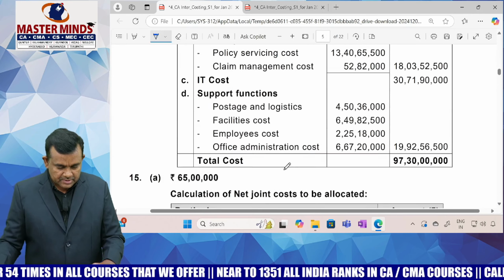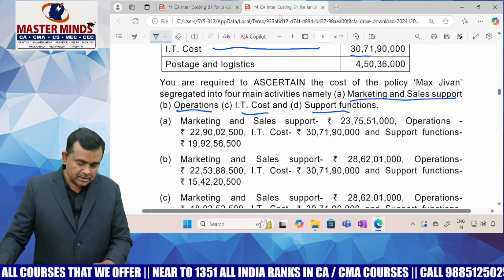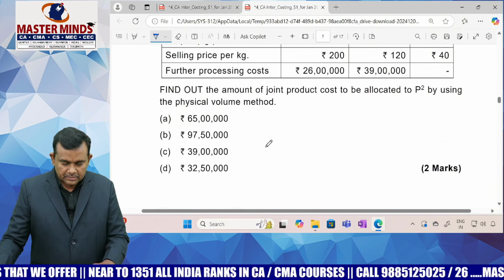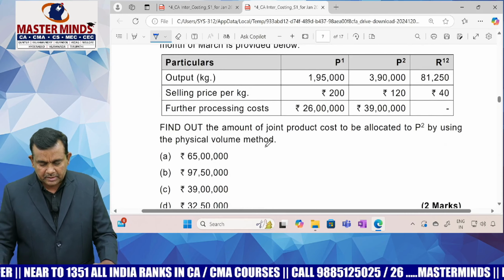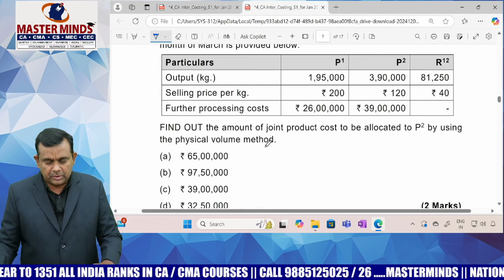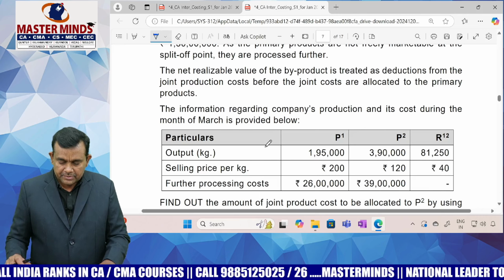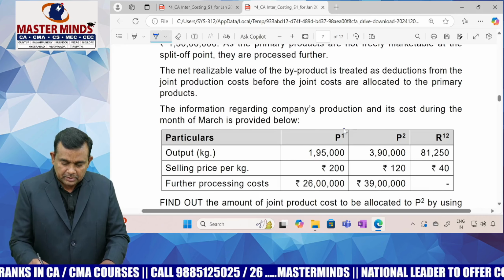Next, the last question, sir, in part 1. This question is related to joint and byproduct, sir. Here the questioner is asking to find the amount of joint product cost to be allocated to P2 by using the physical volume method. So here the company introduced an input and at the separation point there are 2 main products and 1 byproduct, sir.